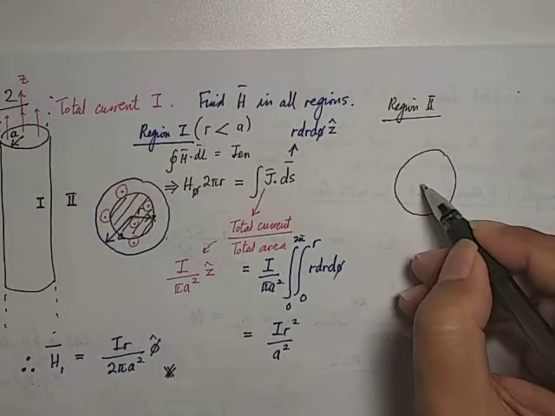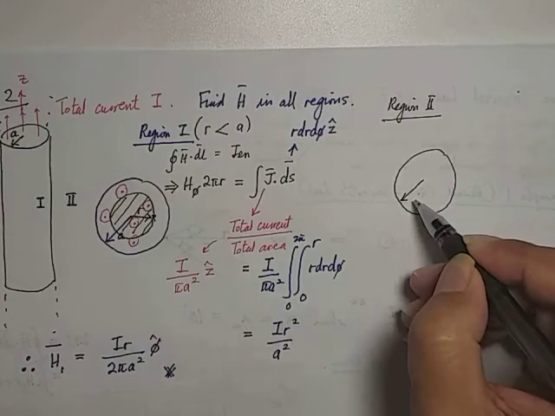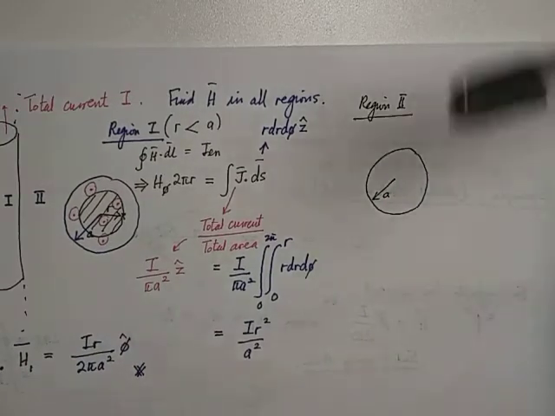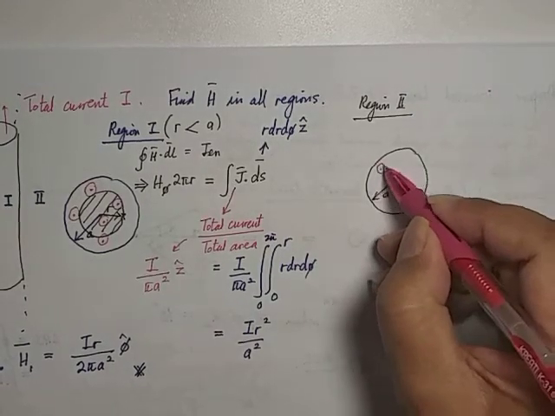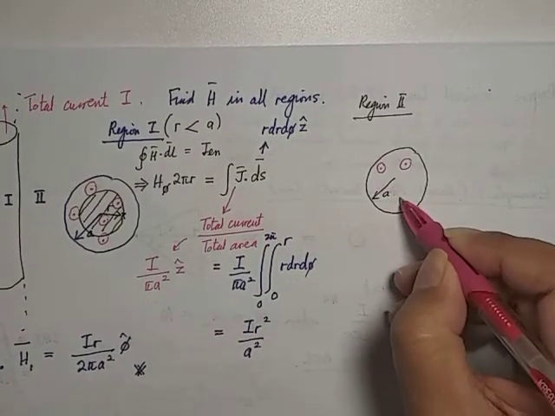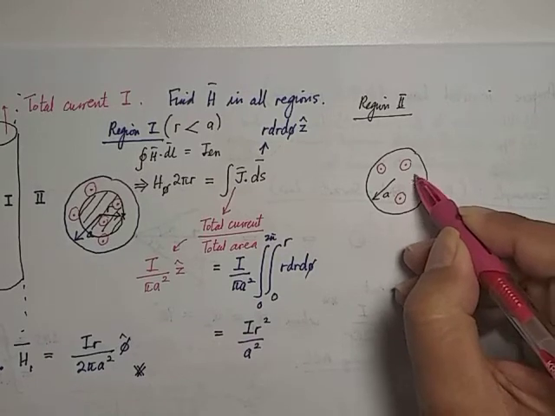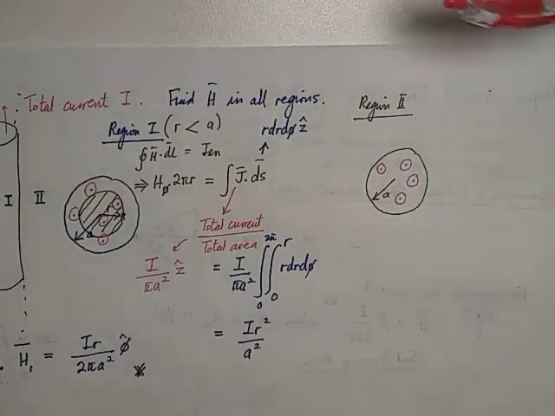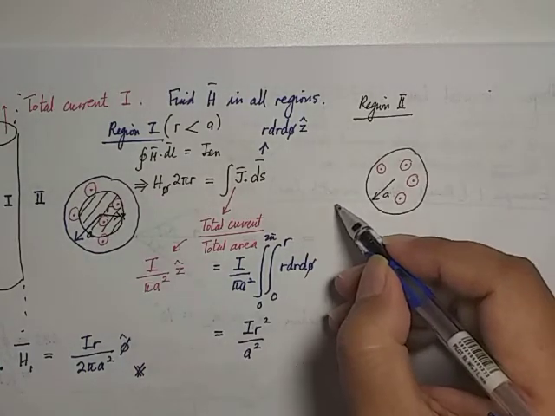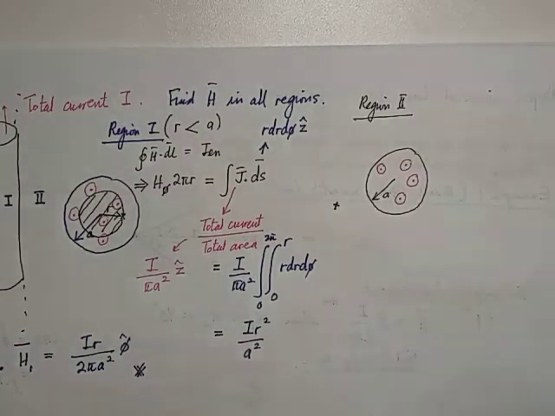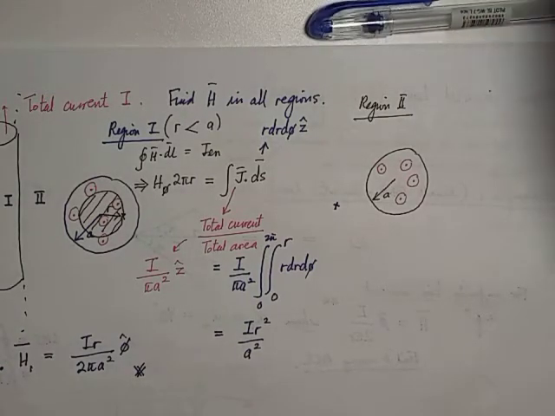Okay, this is our A. And then current coming out, I'm going to draw similar to before. Okay. And now our concern is to find H in region number 2, which is located here outside. Okay, so what we need to do now? Good, we need to build the loop.